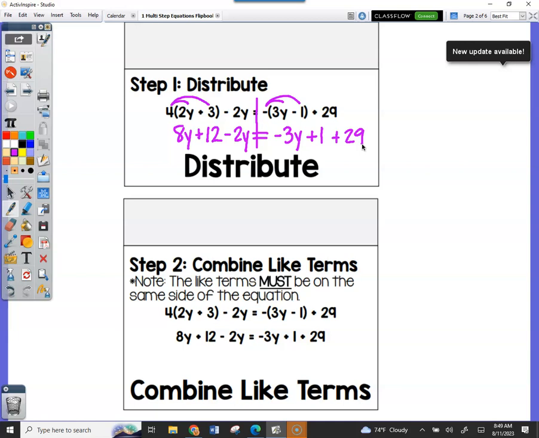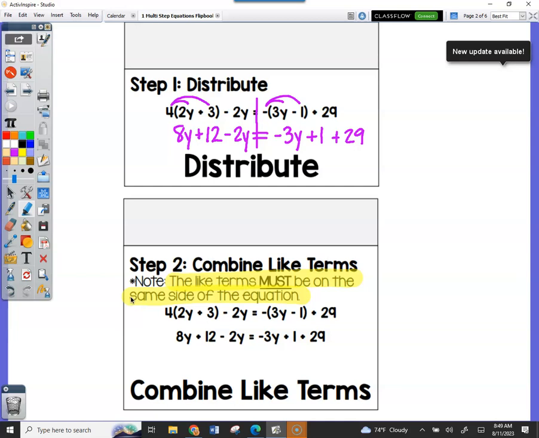Now what we're going to do is fold the next flap up. You will notice that what we have just written is repeated on this flap. And now we're going to do what's called combine like terms. Notice what it says. The like terms must be on the same side of the equation to combine, okay? We're not moving things to the other side yet.